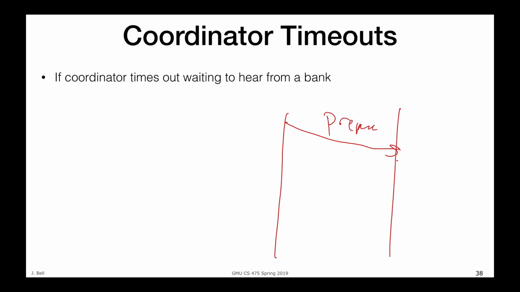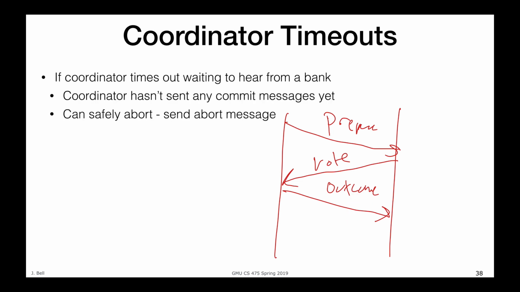The coordinator sends prepare, then we get back the vote, and then we send back out the outcome. So if the timeout happens at this point, then the coordinator has definitely not sent any message with a final outcome. It couldn't have said commit, so it's safe for us to abort.